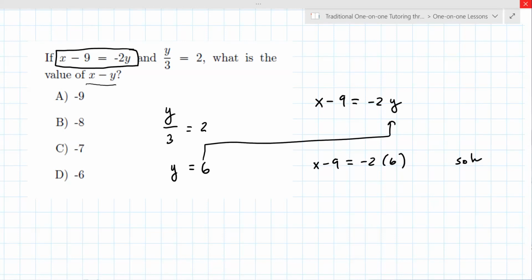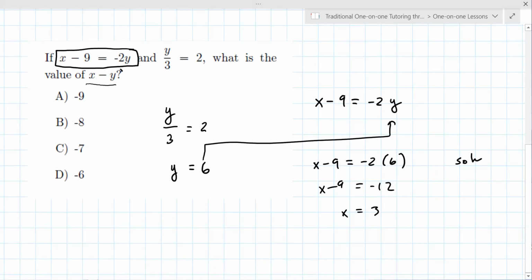I got a scratch piece of paper and sketched it. So x would be -3. x minus 9 equals -12, x equals -3.